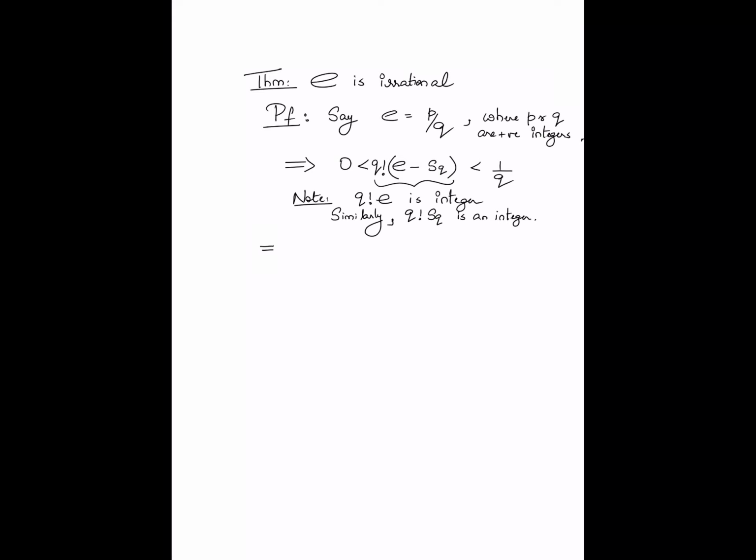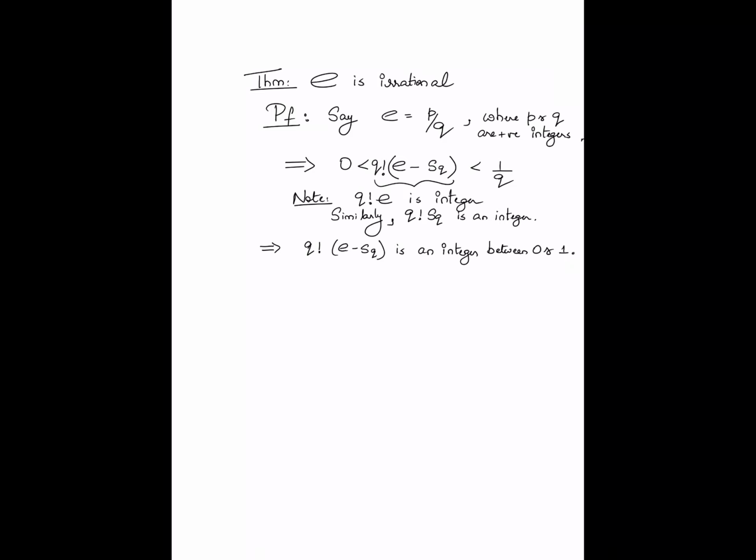So our conclusion is that Q factorial times (E minus SQ) is an integer between 0 and 1. Because Q is at least 1, 1 by Q is at most 1.